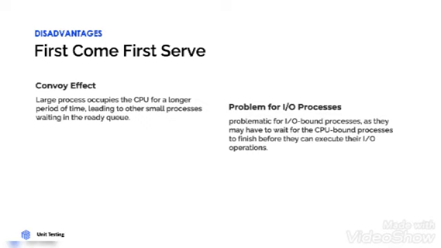It will be executed at its turn, and the CPU will not consider other processes that are small compared to it but came late. So convoy effect results because a very large process came and it is being executed, and we are not considering other small processes that came, which might be 1/10th of it. The next problem is, of course, a problem for I/O processes.